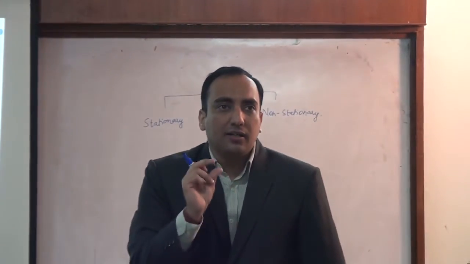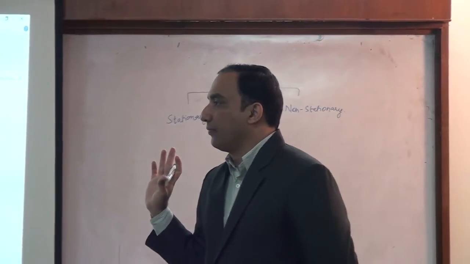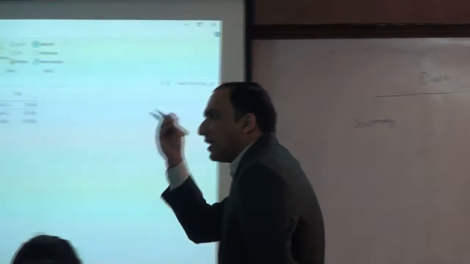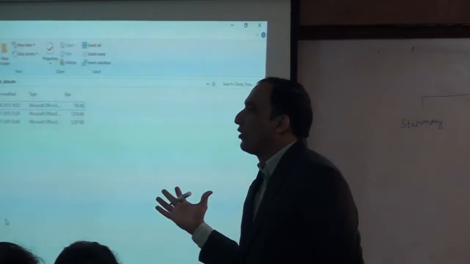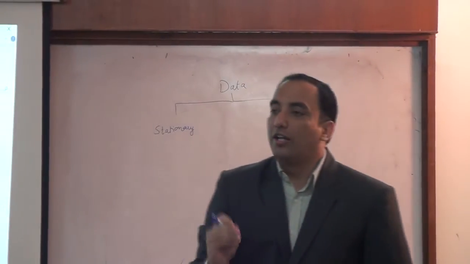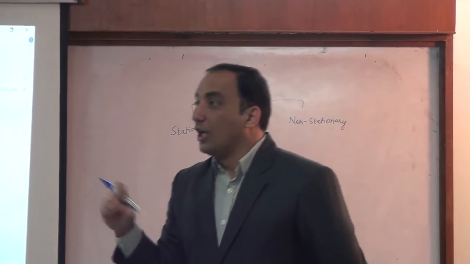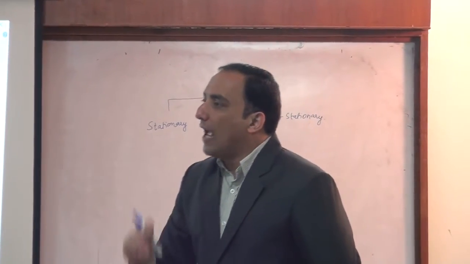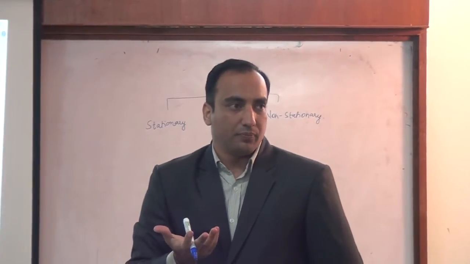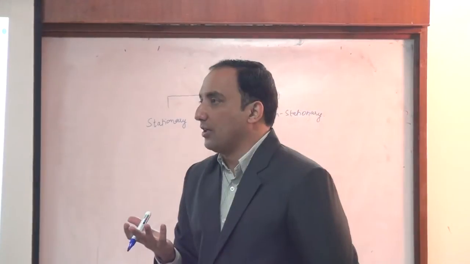So unit means 1, and root means nothing but the root of a function. That's all. Just to confuse you, they have called it unit root. You can simply call it when the root of a function is 1, the series is not stationary.